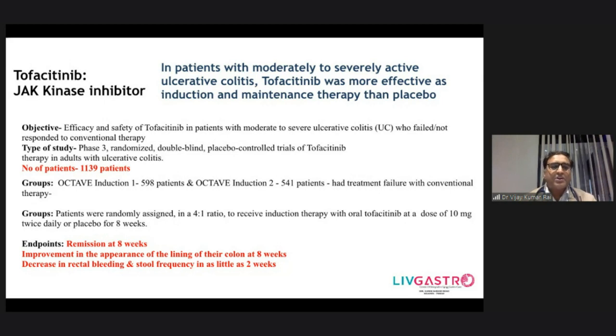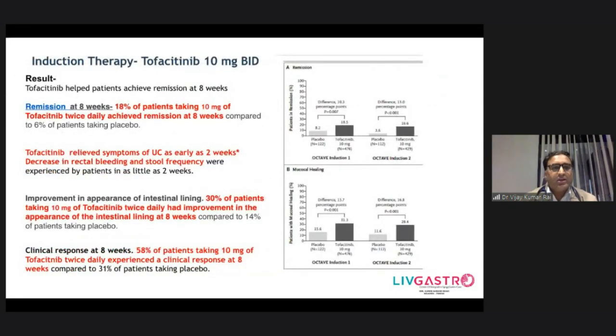They observed the patients at 8 weeks, looking at the improvement in the appearance of the lining of the colon and to what extent. They found that at 8 weeks, 18% of patients taking 10 milligram of tofacitinib twice daily achieved remission, compared to 6% taking placebo.